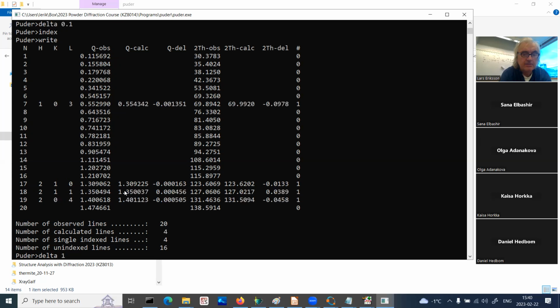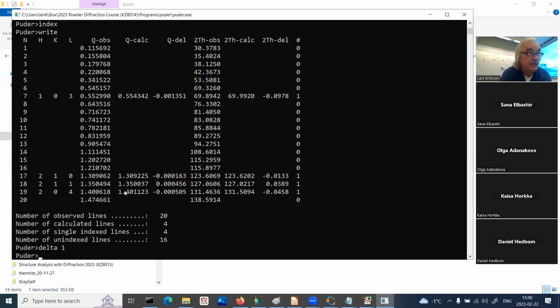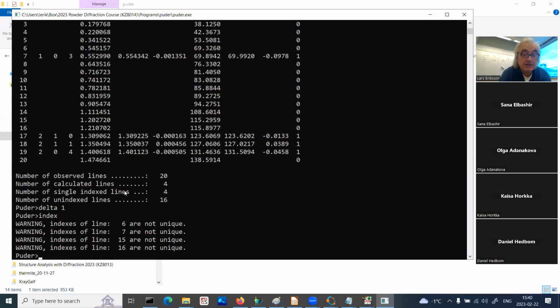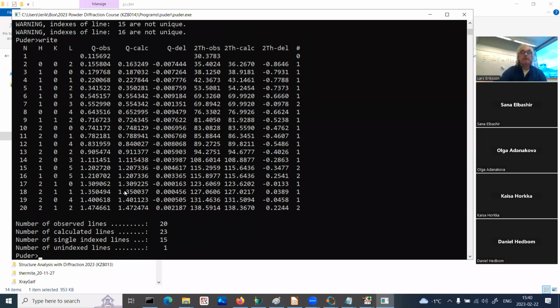If we set delta 2 theta to 1 degree, horrendously large, and index and write the data, we see patterns. Except for this one, we get everything indexed with the delta 2 theta of nearly minus a degree in the beginning, and then decreasing less and less, going positive here, but I don't trust these values.